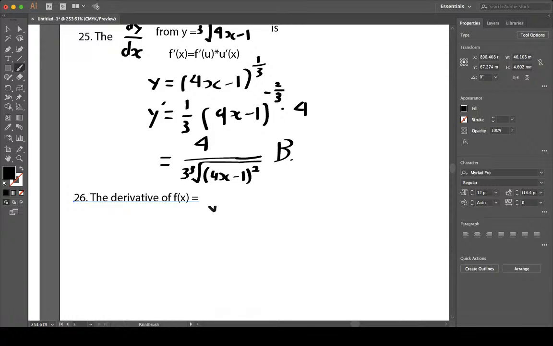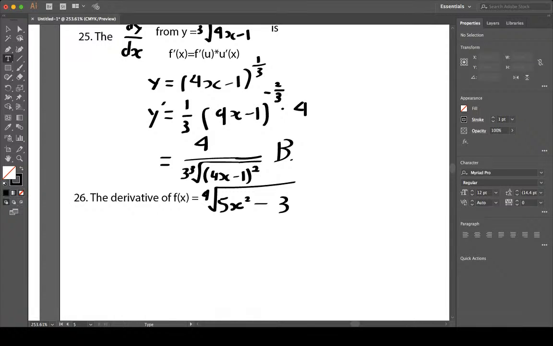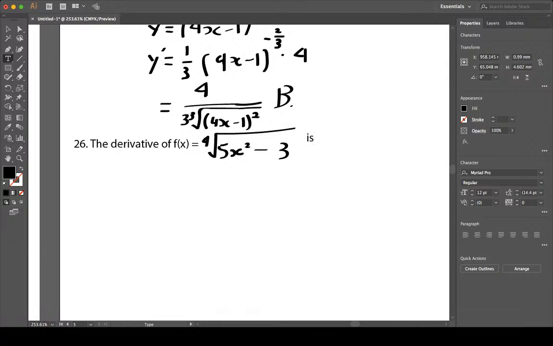this crazy root of 4, 5x squared minus 3. This question is pretty similar to the upper one.